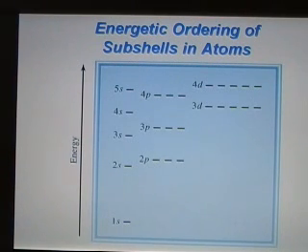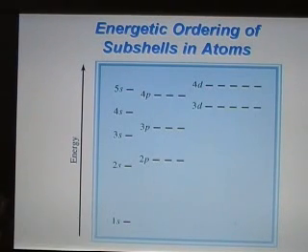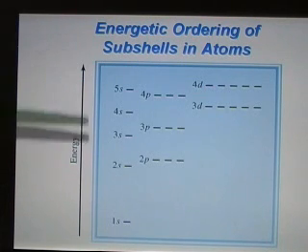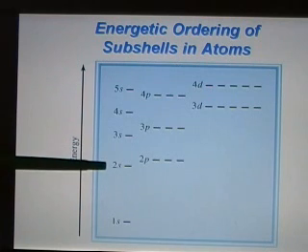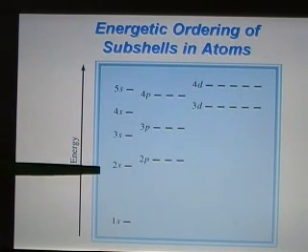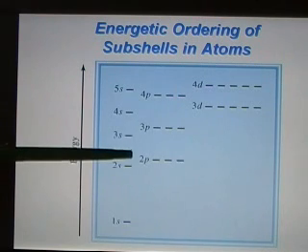Looking at the ordering of subshells in atoms, the one with the lowest energy is going to be the 1s orbital. As you get further and further away from the nucleus, the potential energy increases. So the 2s has the second lowest potential energy.